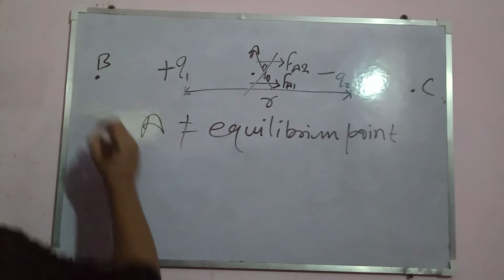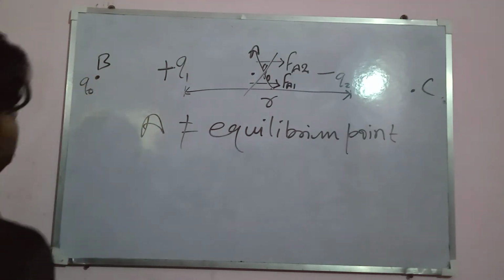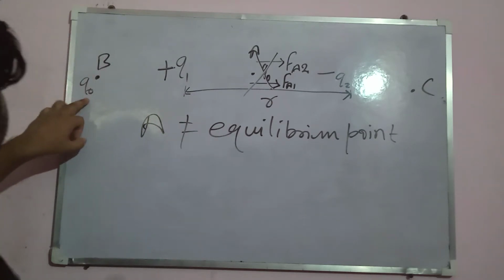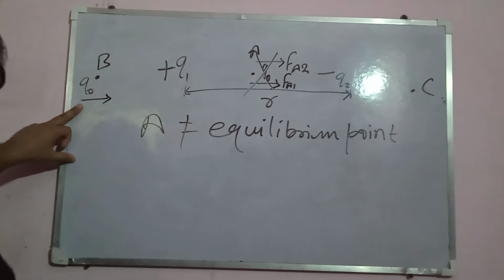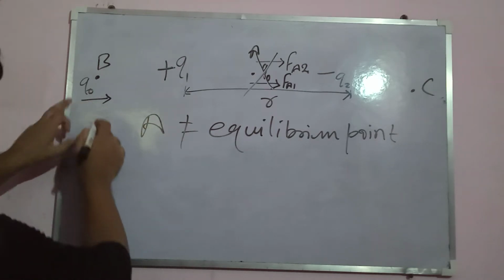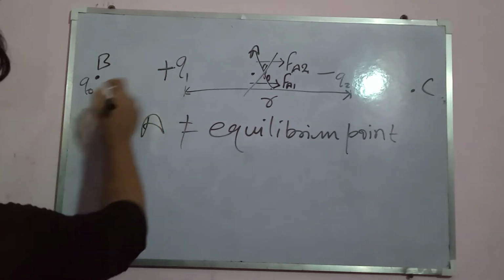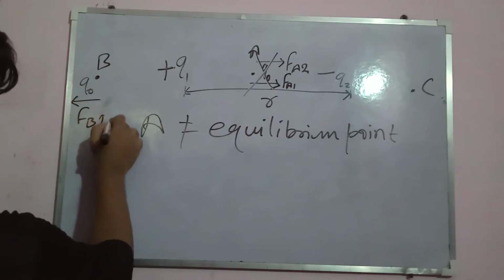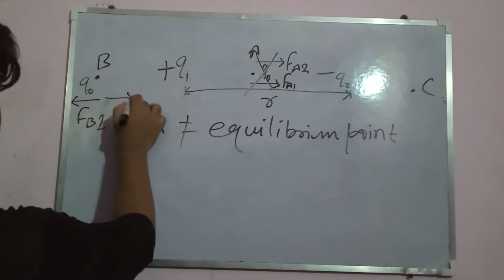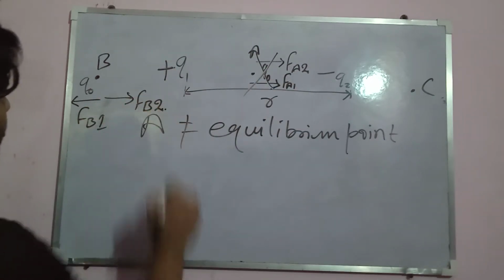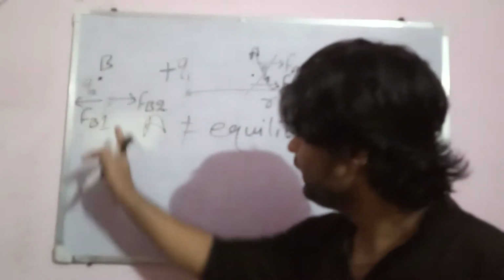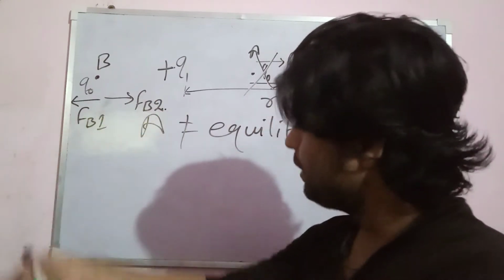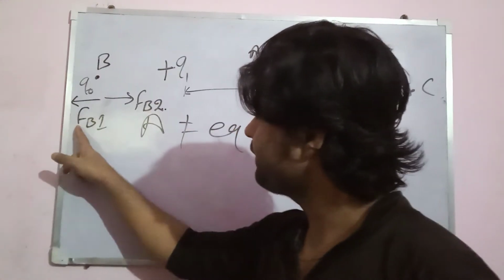Now check B. Suppose we put a Q0 here. The force by Q1 on Q0 is repulsive, so it is away from the charge, that is FB1.